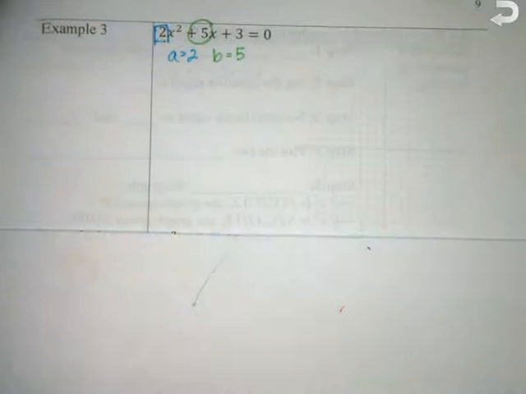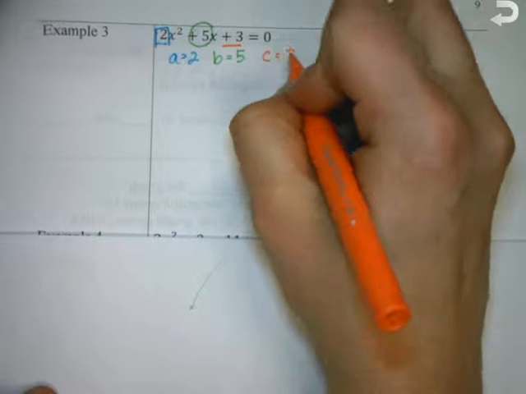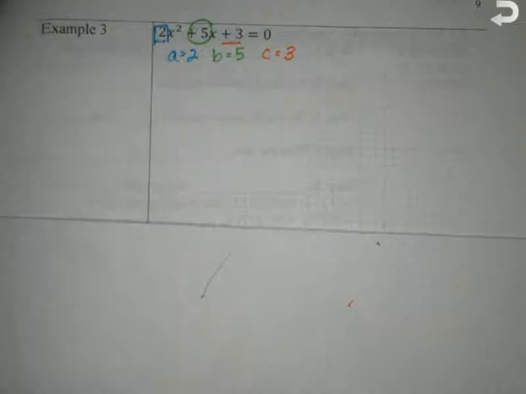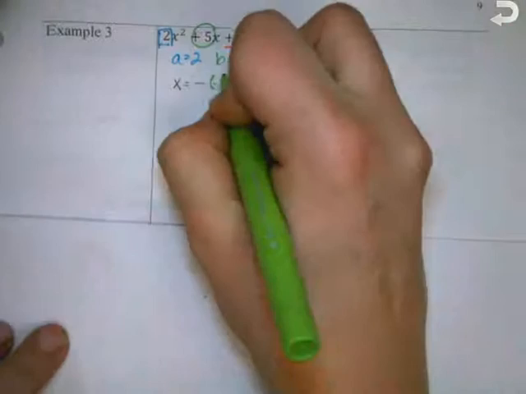Let's plug it in. X equals minus positive 5. So, well, this is a positive. I always put B in parentheses at first so that I don't accidentally leave off a negative.